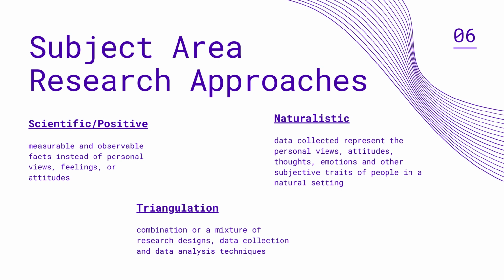We can say that this approach is a mix of the positivist or scientific approach and the naturalistic approach. So it can be both quantitative and qualitative, and it can be used in hard sciences and soft sciences. This allows a combination or a mixture of research designs, data collection, and data analysis techniques.